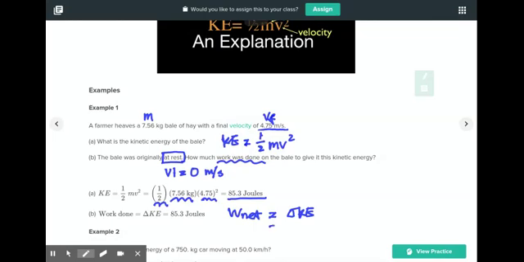What does delta mean? It means the final kinetic energy minus the initial kinetic energy, right? So our final kinetic energy is already found out, 85.3, minus the initial kinetic energy, half m v initial squared. Initial v is 0, so 85.3 minus 0 is still 85.3.